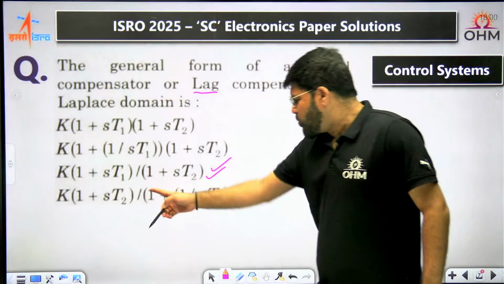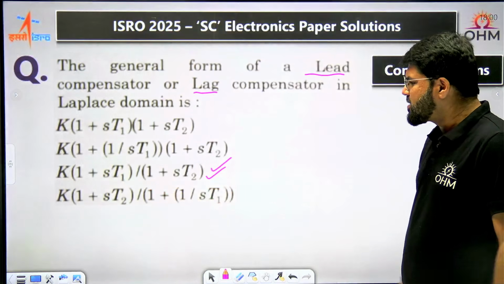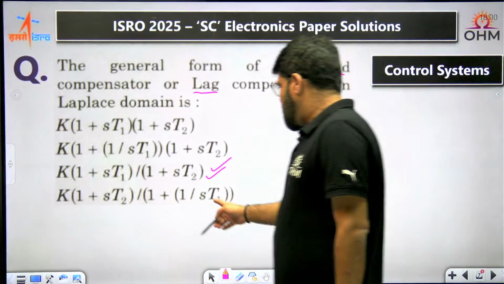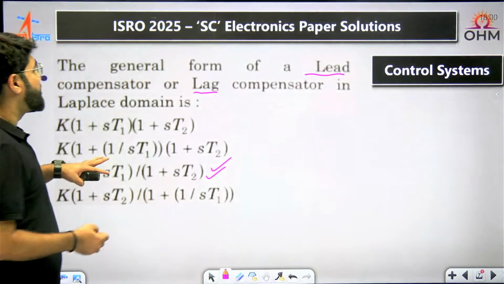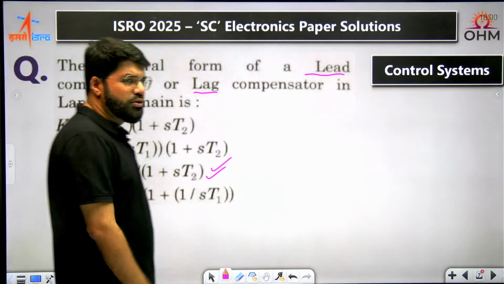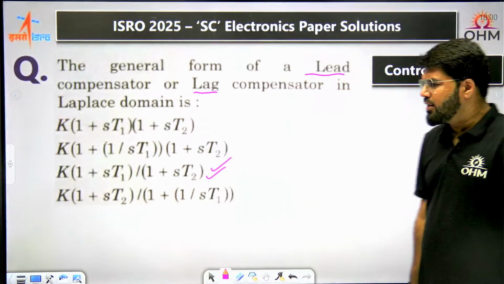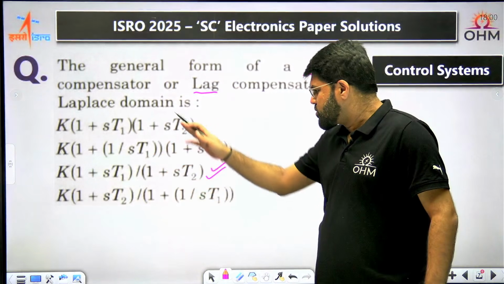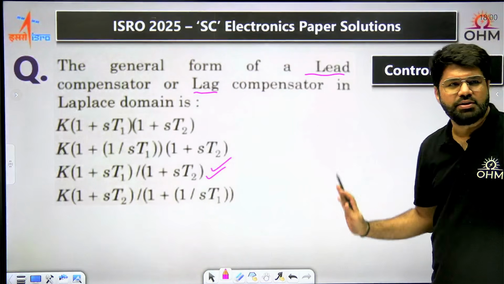Now, the other option also has a pole and zero term, but I'm talking about the standard form, the standard time constant form. So C is the option to be chosen rather than any other, because the others will introduce one more pole and one more zero. So, one simple pole and one simple zero.